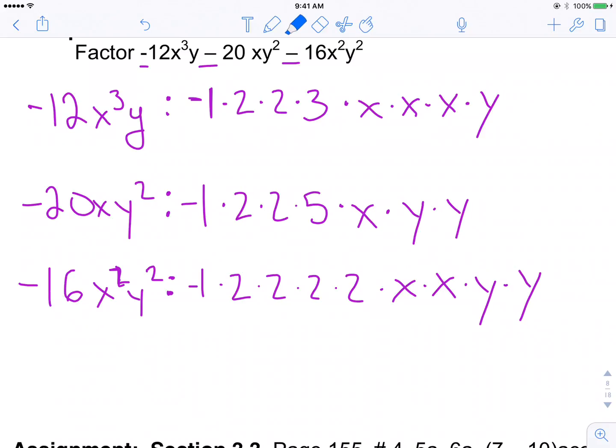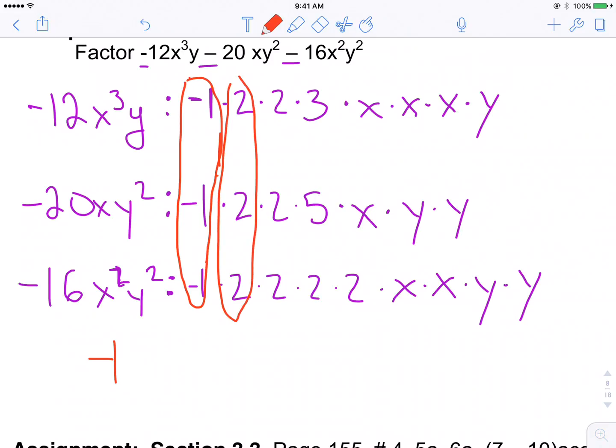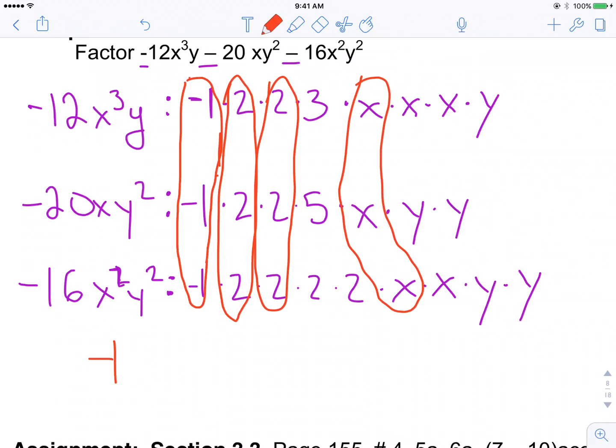Now you can see that common between all three is that negative 1. So I'm actually going to factor that out, negative 1. What else is common? This 2, this 2, no more 2's, this x, no more x's, and this y.